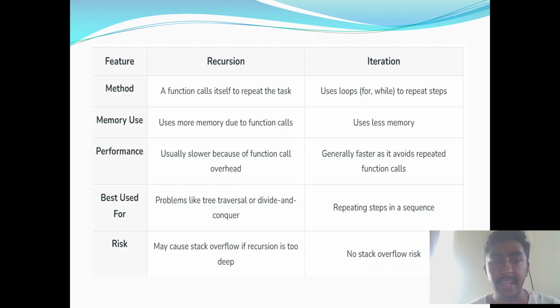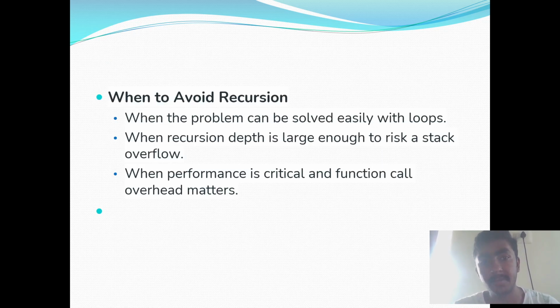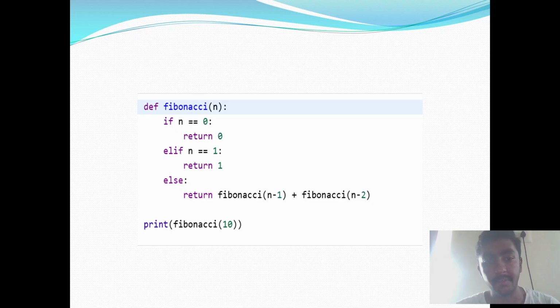Instead of writing many variables, nested loops, and complicated logic, we can simply let a function call itself. The problem becomes smaller and easier to read. Advantage 2 is easy problem solving.